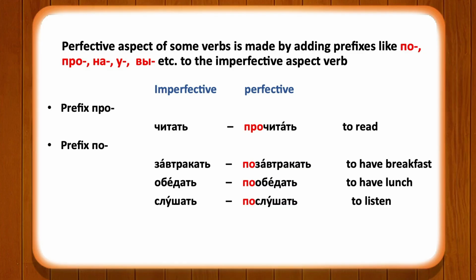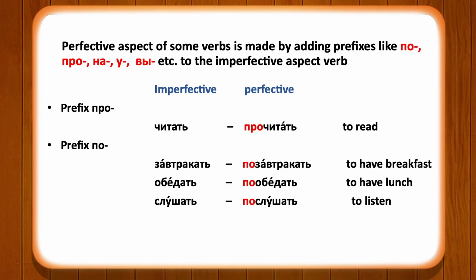Let us learn some imperfective and perfective verbs to understand this. Let us see first the perfective aspect which differ from the imperfective verbs by prefixes. Prefixes like po, pra, na, u, vu and some others are added to the imperfective verbs to make the perfective verb.